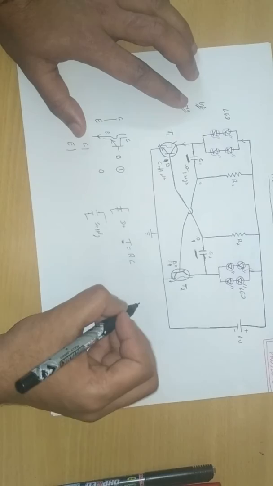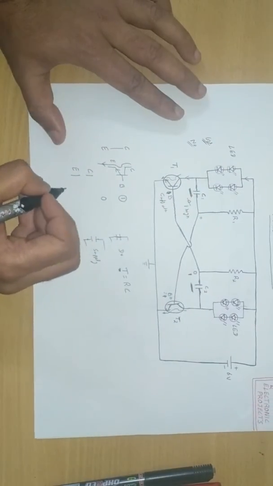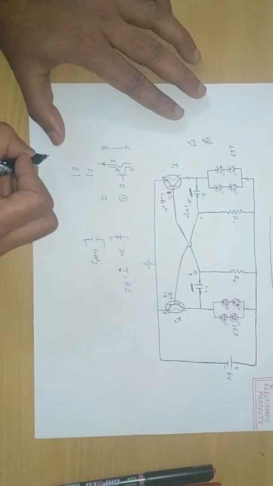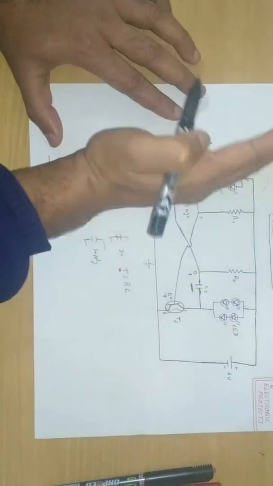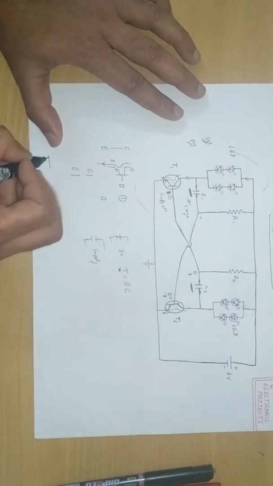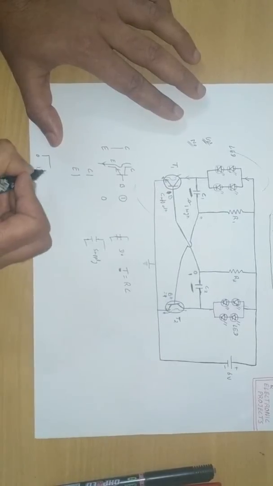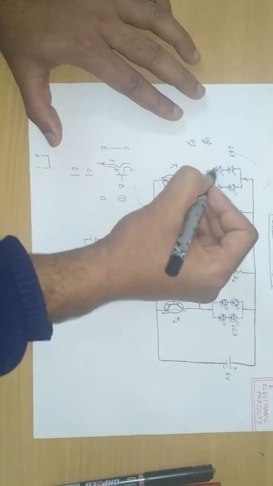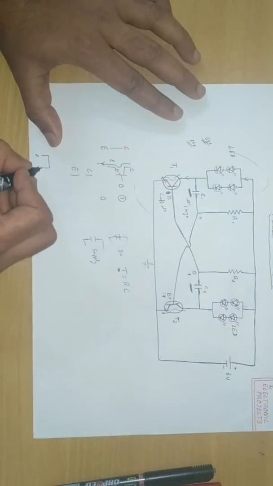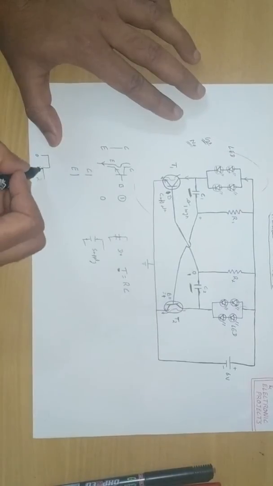So we get a waveform like this. For this half portion, we find that at time 0 to 1 it is short circuited, meaning the voltage across it is high, and from 1 to 2 it is 0.